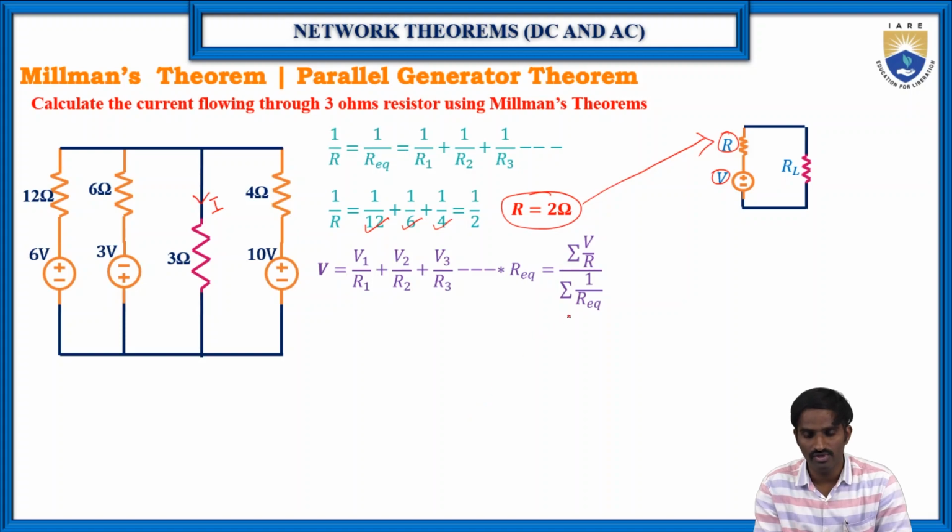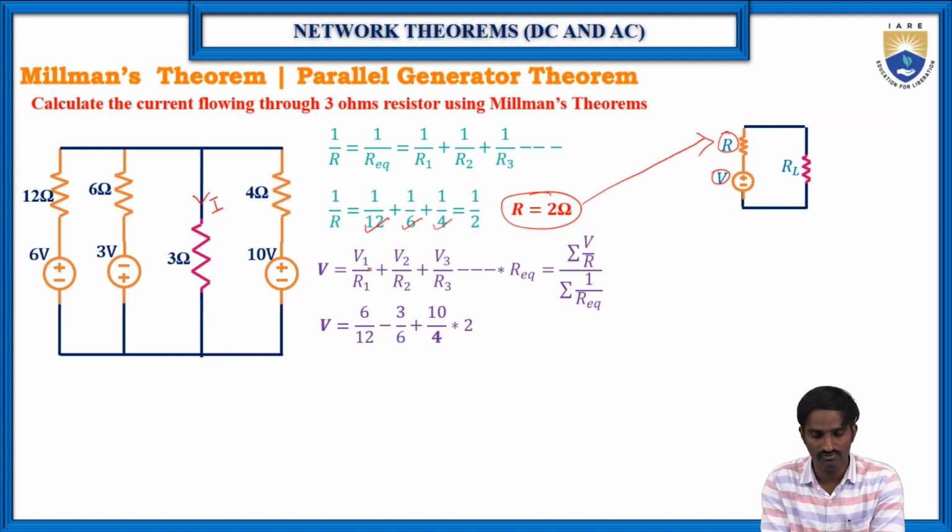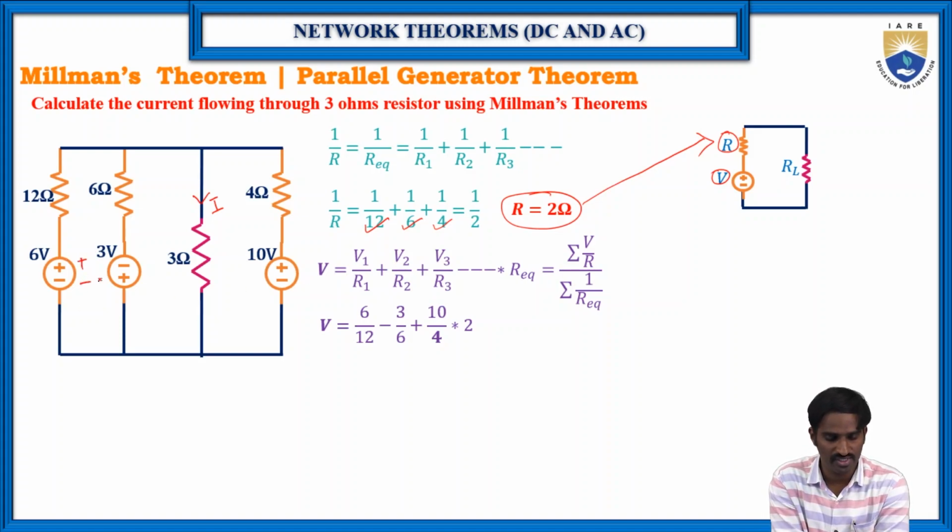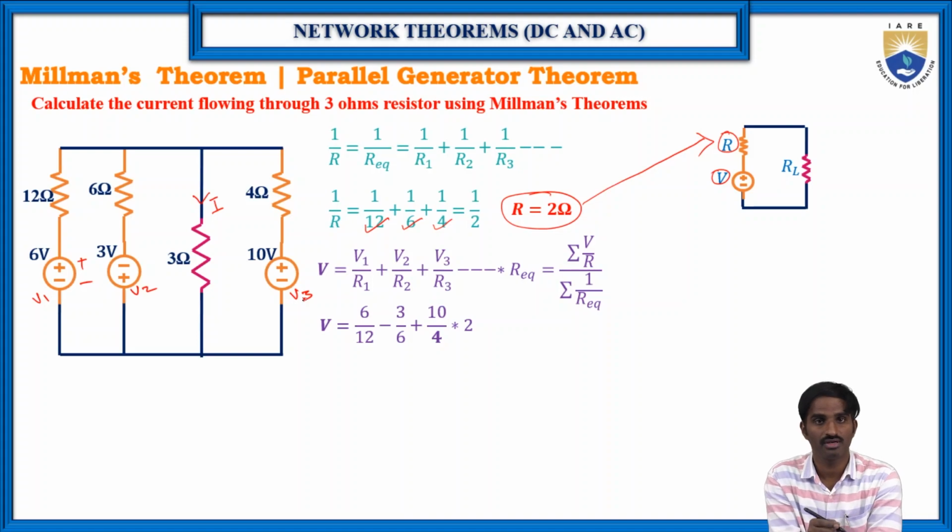Now we need to find the V value. Here it is V1, here V2 and here V3, right? V1 has plus and minus polarities, but V2 has opposite polarity with respect to V1, and V3 has the same polarity as V1.